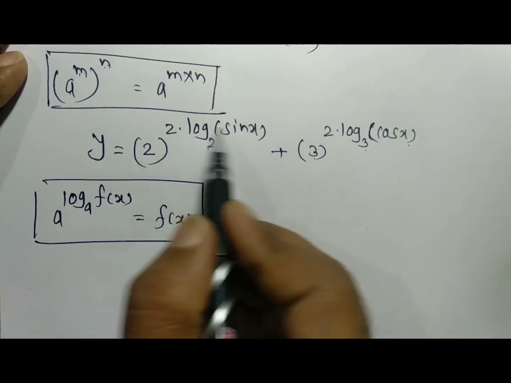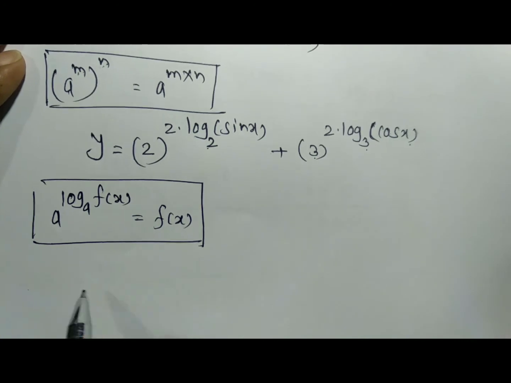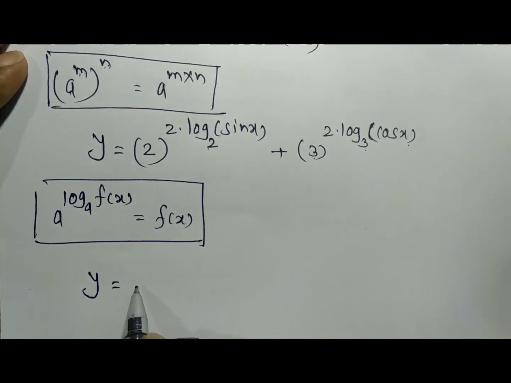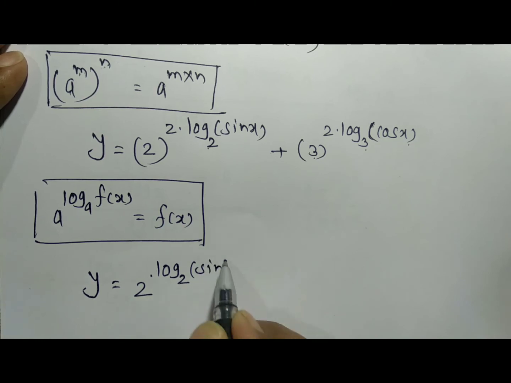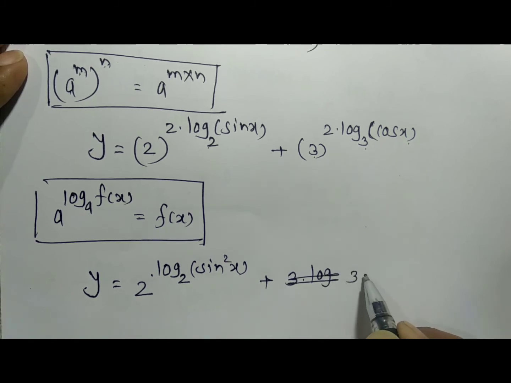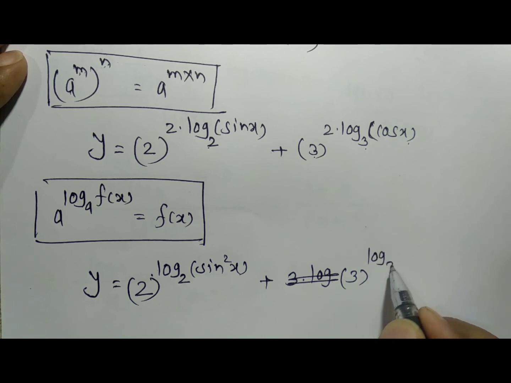First of all we transfer these 2's inside, so we get 2 raised to log to the base 2 of sin squared x. How is it possible? And once again 3 raised to log to the base 3 of cos squared x.